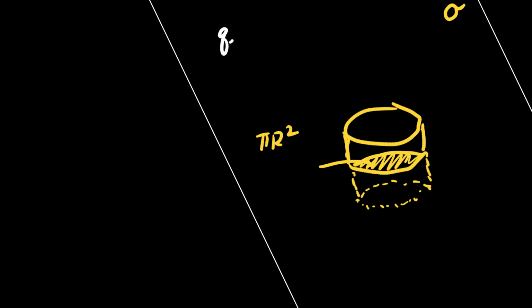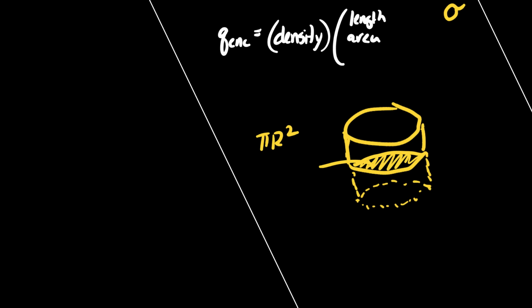So when I work out the enclosed charge, that's going to be the density times either the length, area, or volume of charge enclosed. That's how we're going to find enclosed charge. Unless they're point charges, it's going to either be a length enclosed, a volume enclosed, or an area enclosed. This is an area enclosed.